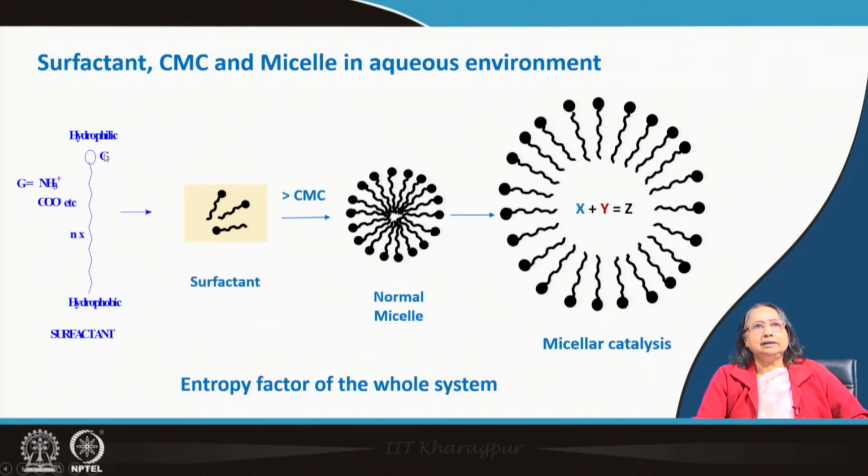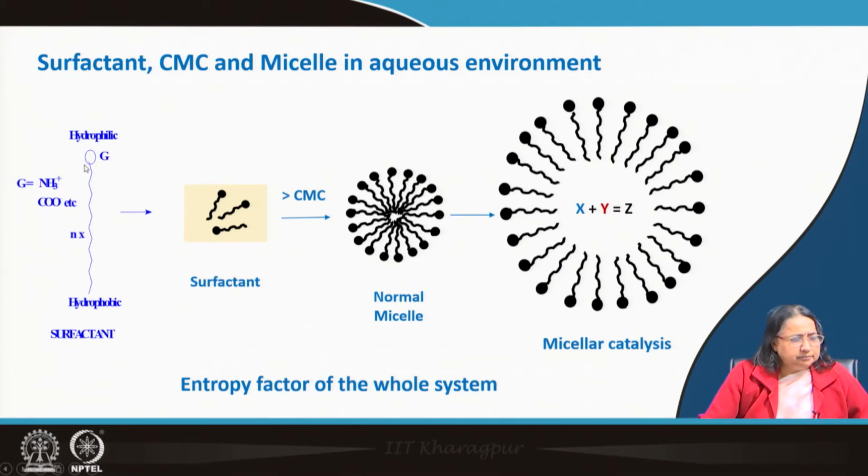The other end is written as G, which is some ionic end. It may be NH3, NR3, CO2 minus, or SO3 minus. This is called the ionic head.